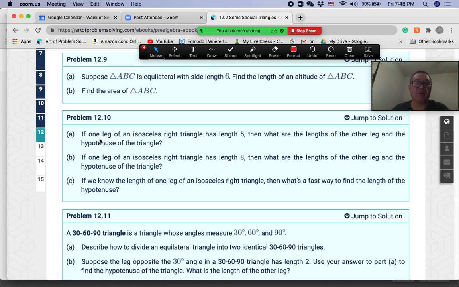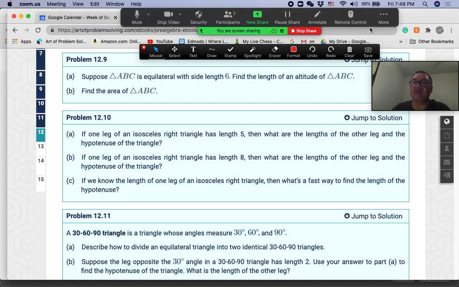See this problem: if one leg of an isosceles right triangle has length 5, then what are the lengths of the other leg and the hypotenuse of the triangle?